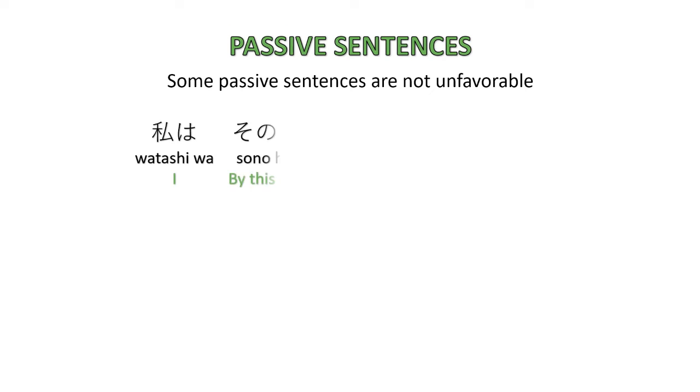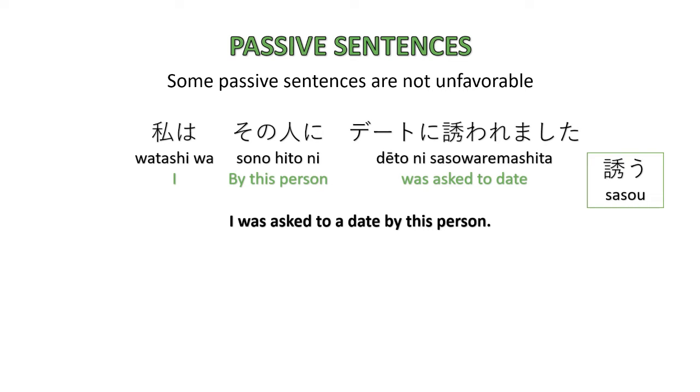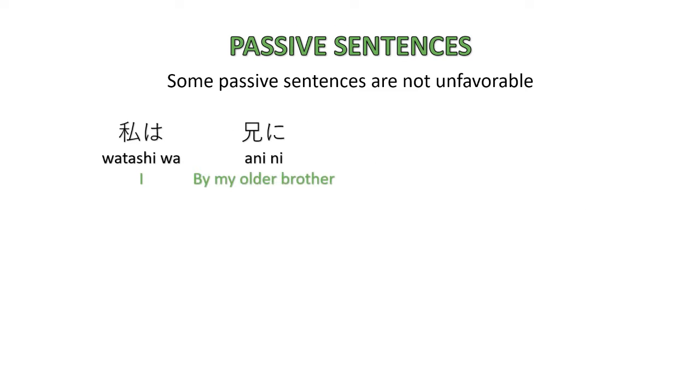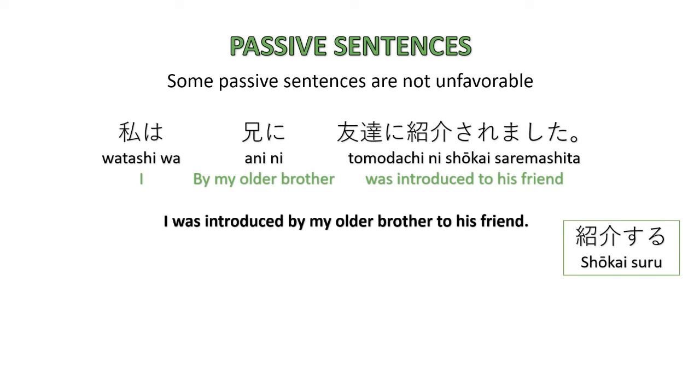Okay, another one. 私はその人にデートに誘われました。I was asked to a date by this person. 誘われました comes from 誘う、誘われる、誘われました。私は兄に友達に紹介されました。I was introduced by my older brother to his friend.